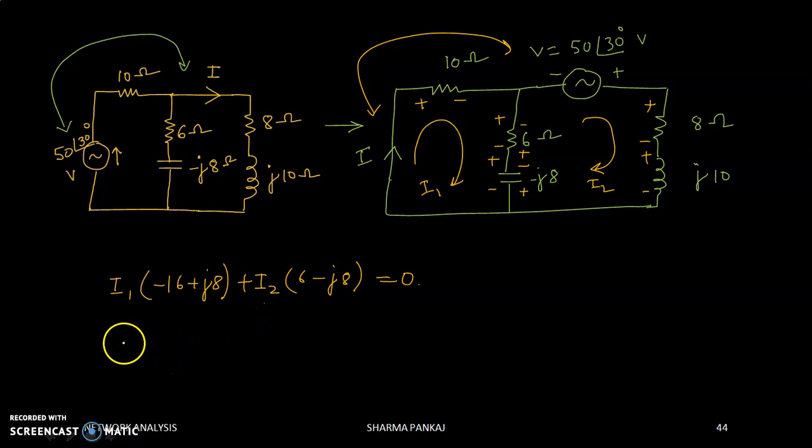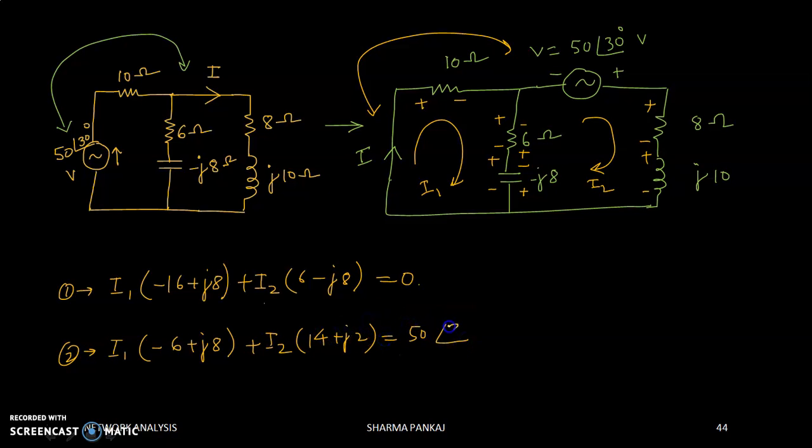And from loop number 2: I1 times (6 plus j8) plus I2 times (14 plus j2) is equal to 50 angle 30 degree.